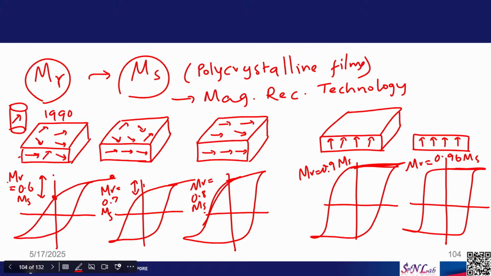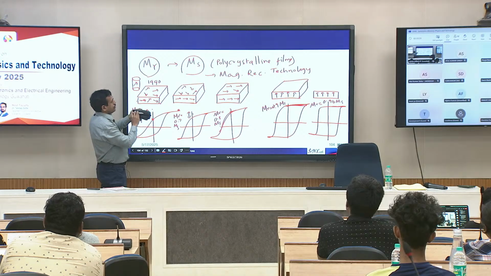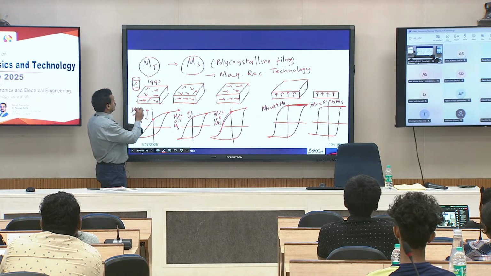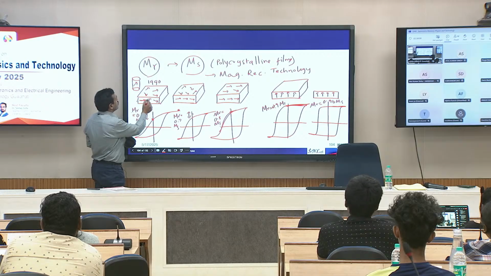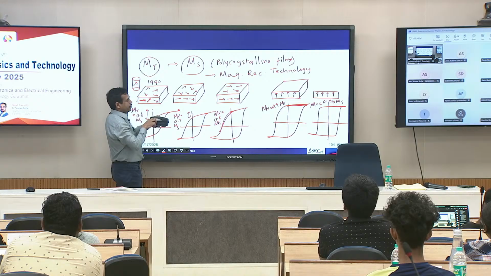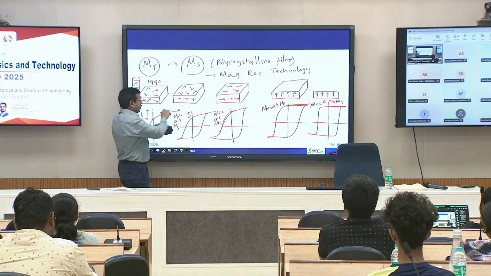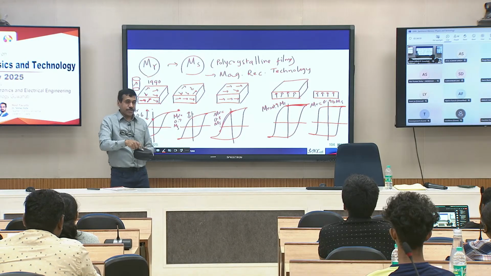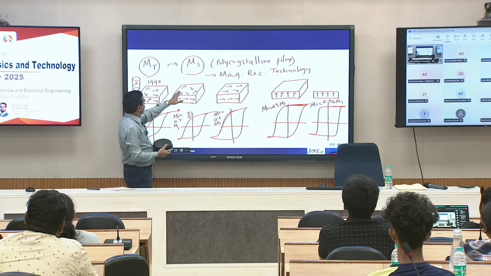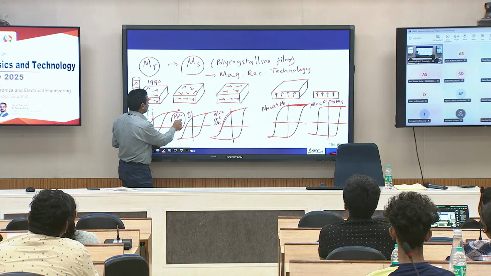For example, they can minimize the randomness of the easy axis away from the parallel direction. So, the randomness here is reduced. More easy directions are parallel to the disk surface, but still within this plane there is randomness. In this case you can see the MR approaches around 0.7 times MS.